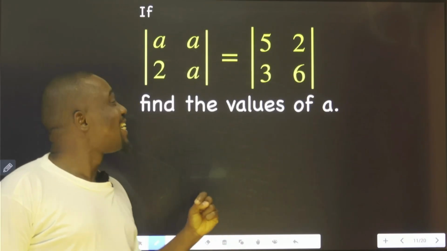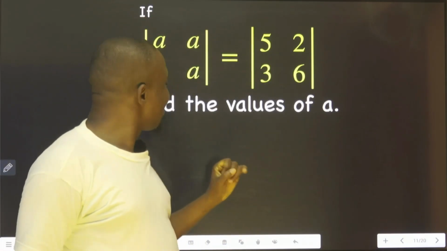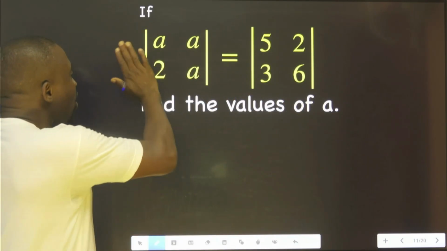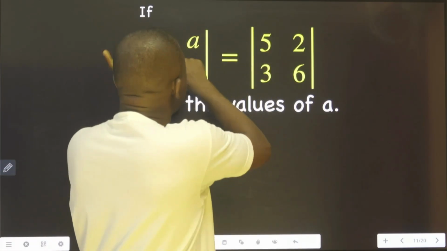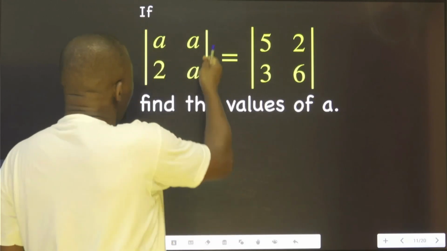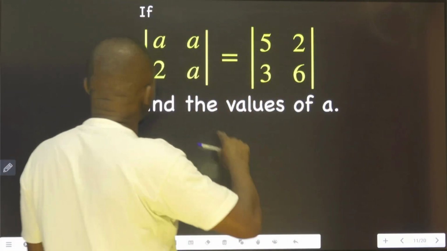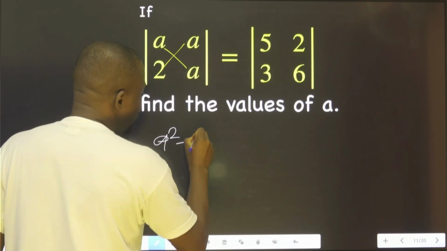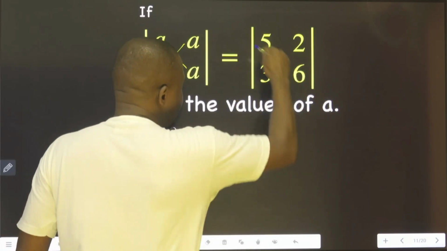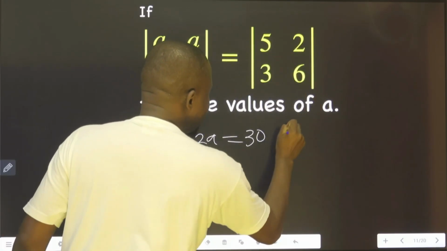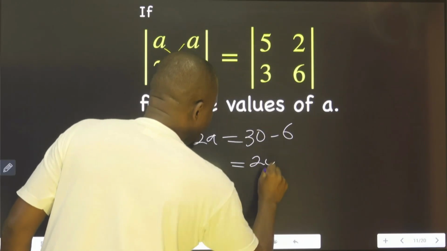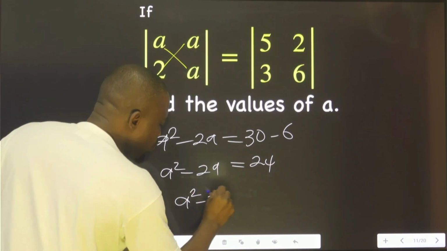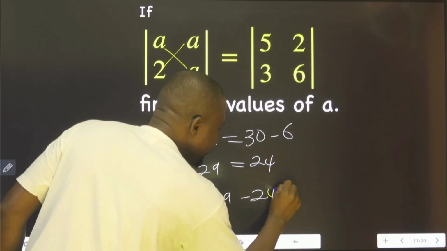Let's look at this. It says if this is equal to this, we should find the values of A. Values, not only one. Because it's determinant, you cannot just equate the corresponding elements. You work this out separately, you equate it to this. This means multiply these two, A squared, multiply these two, minus 2A, equal to, this is 30, this is 6, this is 24. This is A squared minus 2A. A squared minus 2A, bring this here, put 24 equal to 0.